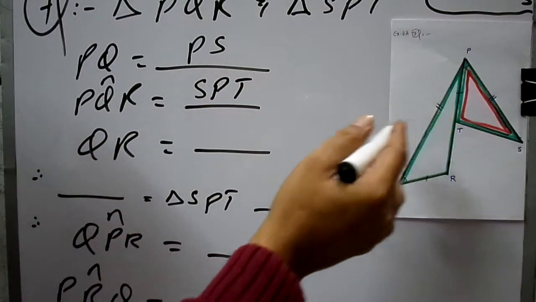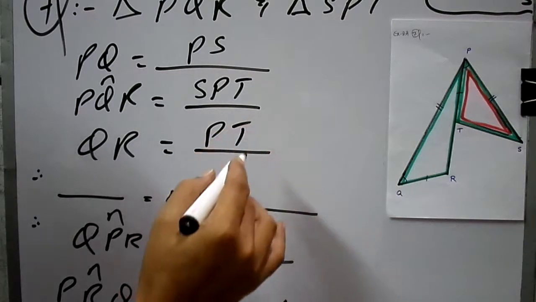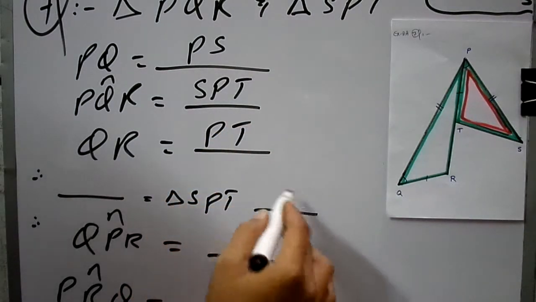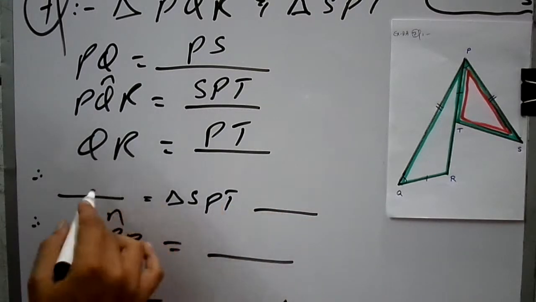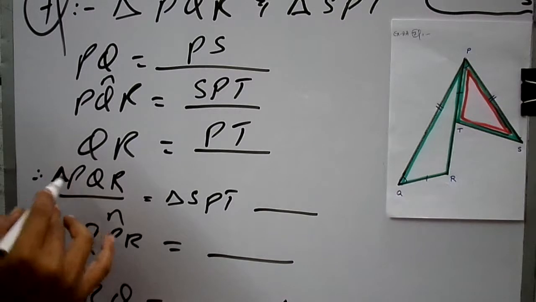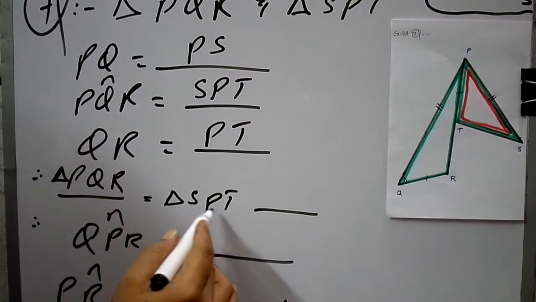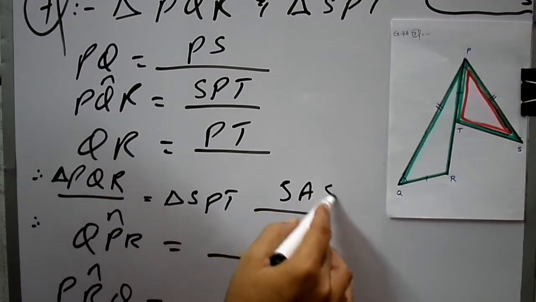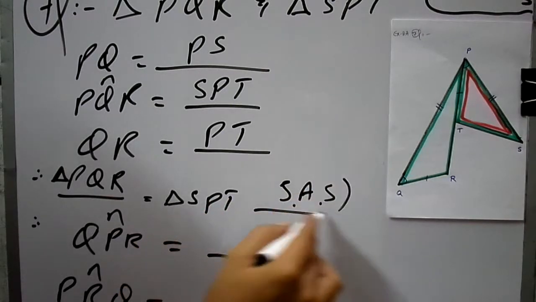You can see in your textbook, QR is equal to PT, and triangle PQR is congruent to triangle SPT due to the SAS postulate, because it is the side-angle-side postulate.